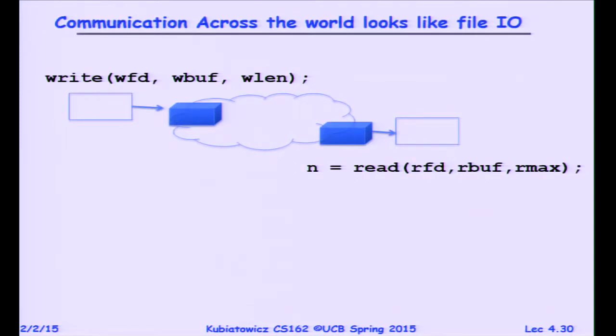Process A is doing a write to something, and process B is doing a read from something, and now we've got communication going on, but there isn't necessarily a file in the middle, but the interfaces are the same. Okay, and that is basically what happens with internet communication. And what we're going to call these endpoints are going to be sockets pretty soon. Okay, and so this is exactly what a socket-level interface looks like.